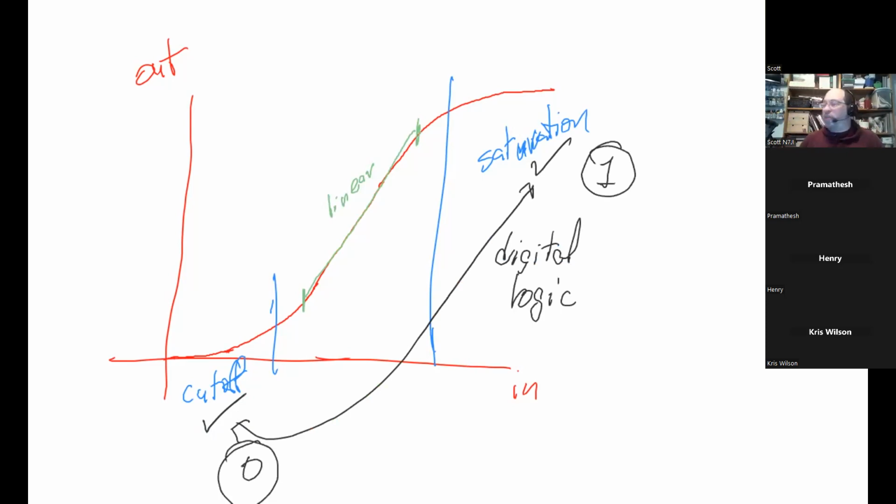But that doesn't really do us any good if we're trying to amplify somebody's voice. One of the nice things about a transistor is that in this interior range, it's fairly linear, where a small change on the input will lead to a big and proportional change on the output.